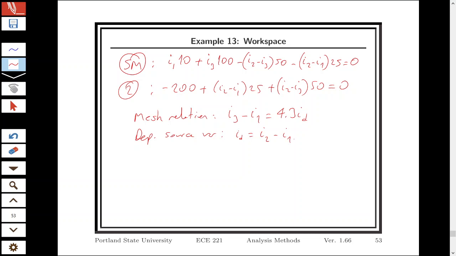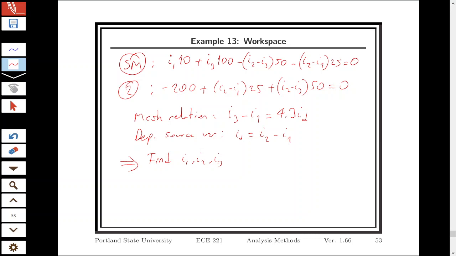Okay, so from this set of equations we can find I1, I2 and I3, right? So using your favorite analysis method, find the values of those variables I1, I2 and I3.